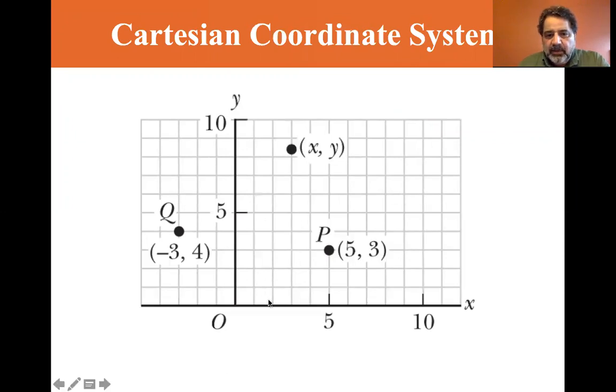So you can go across 5 ticks of the graph and up 3, and you're at point P, 5, 3. The point Q is at minus 3, 4. So you can go to the left 3 ticks of the graph and up 4, and you're at minus 3, 4.